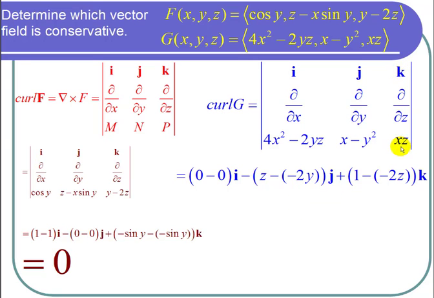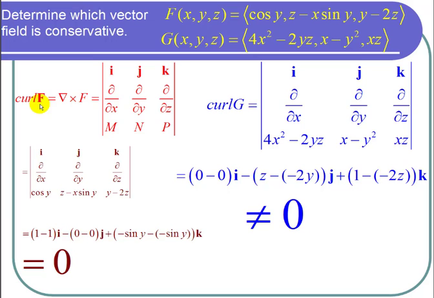And then for the kth component, I get del over del x of x minus y squared, and that's 1, and del over del y of 4x squared minus 2yz is negative 2z, so I get 1 minus negative 2z, k. So the first component is 0, but notice the second and the third components are not 0. So what's important is that this is not the 0 vector.